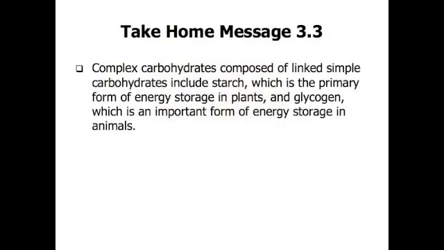And that brings us to our next take-home message for section 3.3, and that is complex carbohydrates composed of linked simple carbohydrates include starch, which is the primary form of energy storage in plants, and glycogen, which is an important form of energy storage in animals.